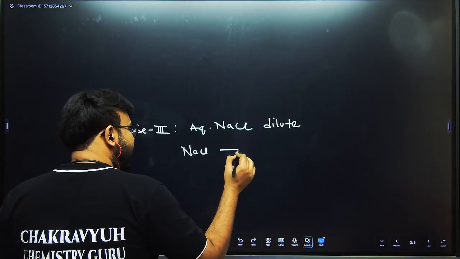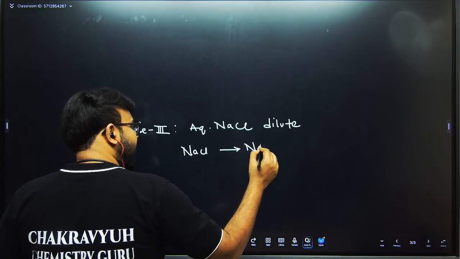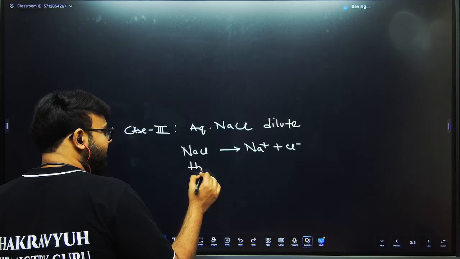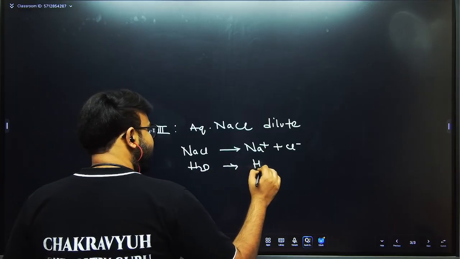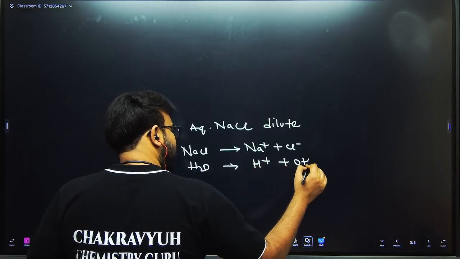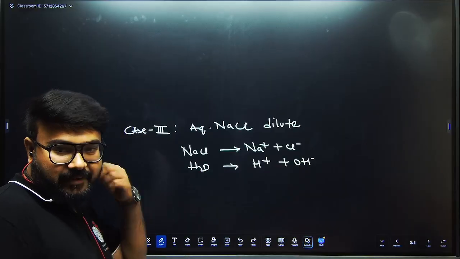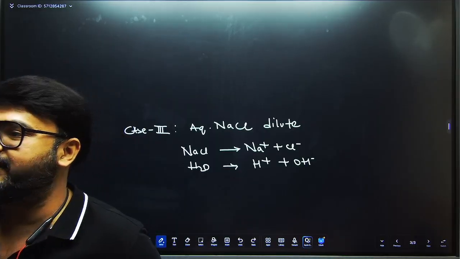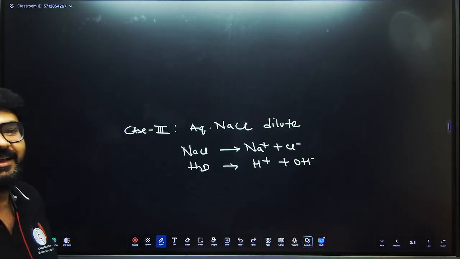So how will NaCl dissociate? Na plus and Cl minus. Now how will H2O dissociate? H plus and OH minus. Now the preferential discharge rule, the electrochemical series, will fail here. It will not work. Ask me why.